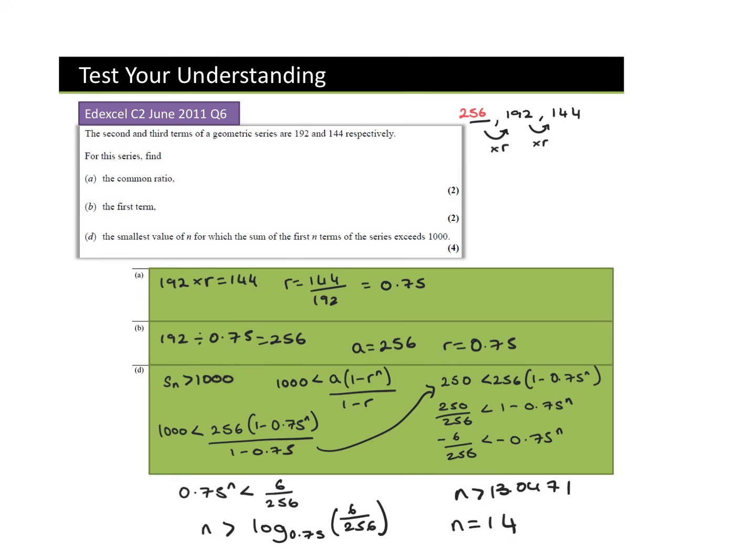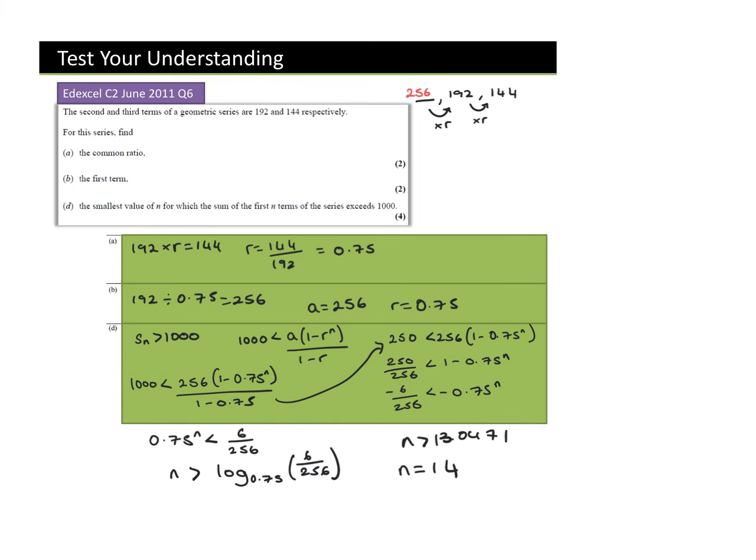Okay, so the big reveal. Everything we've done so far is mathematically correct. So from here, 0.75^n is less than 6 over 256 is completely correct. Why does the sign then change when we go here? Because when we apply the log to both sides, because the base is less than 1, we change the sign.